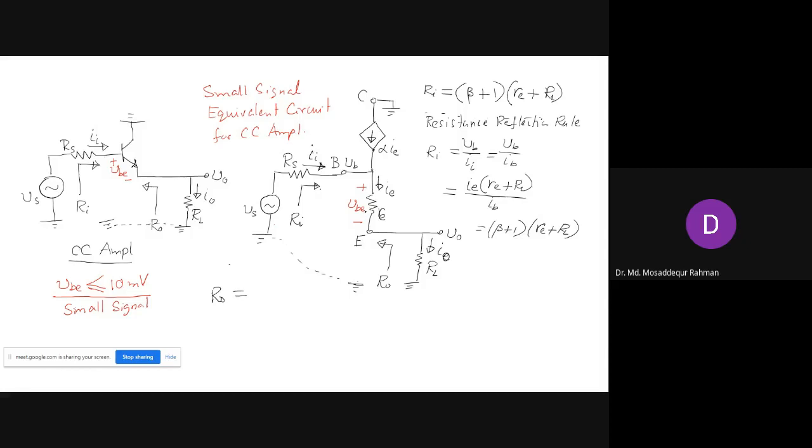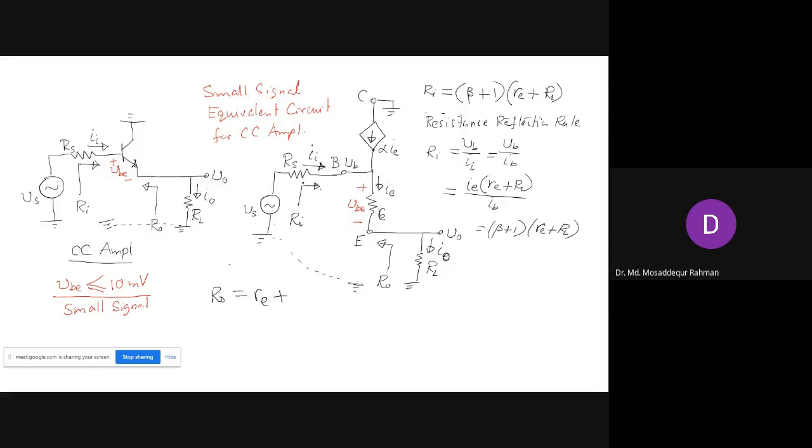Along this path, we have this small r. We are looking from the emitter side, and RE is on the emitter side, so you can straight away write RE. Then there will be additional terms that come from the resistance on the base side. In the base, we have RS, and VS is just our voltage source.